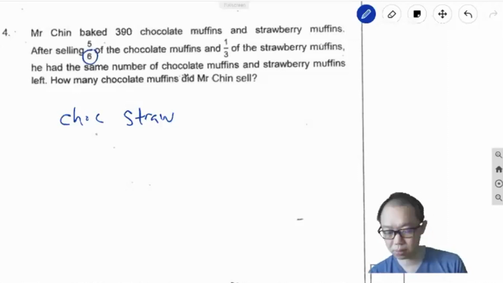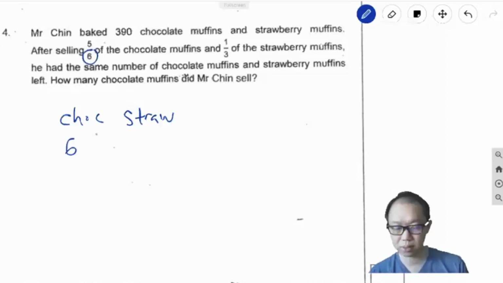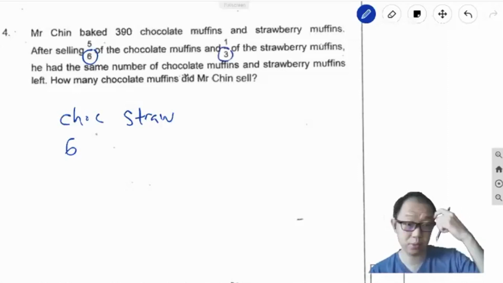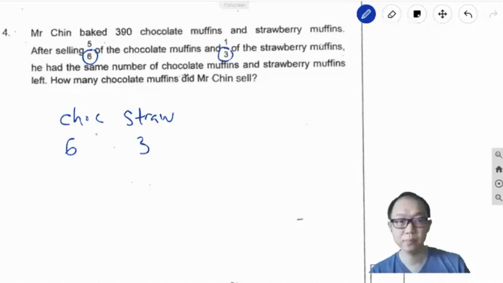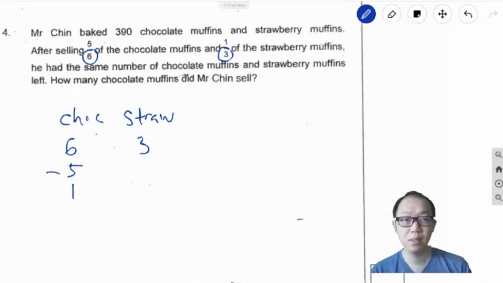So there should be 6 chocolate at first. And then this is 3. So there's 3 strawberry. Now he sells 5/6, so minus 5, so left with 1. Strawberry minus 1, left with 2.